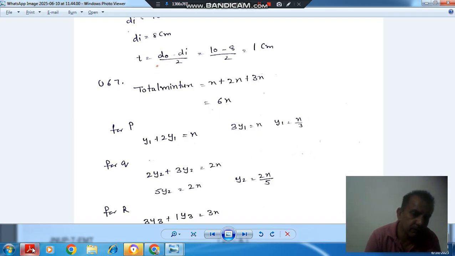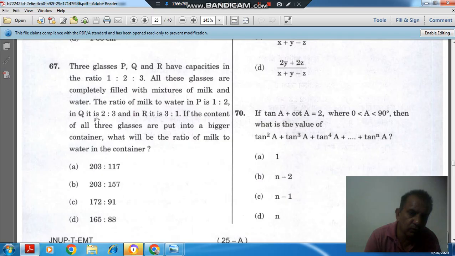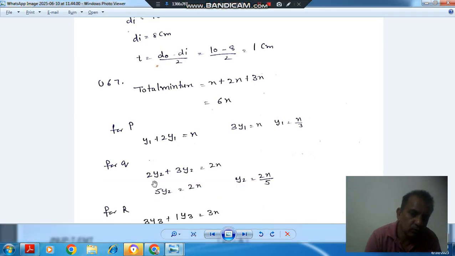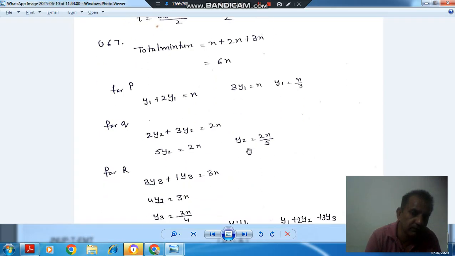Similarly, in Q, the ratio of milk to water is 2 : 3. We'll take y2 for Q, so 2y2 will be the milk quantity and 3y2 will be the water quantity. That will be equal to 2x total mixture, or 5y2 is equal to 2x, and y2 is equal to 2x by 5.